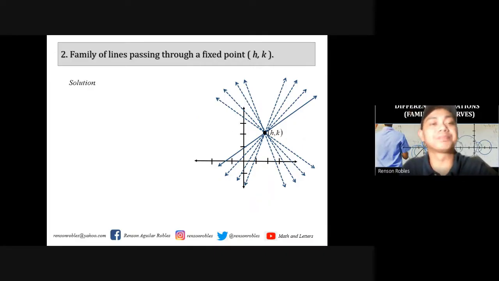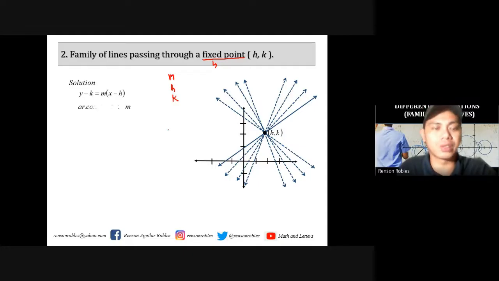So we have y minus k equals m times x minus h. And then you ask yourselves, we have here constants m, h, and k. Which among these constants are arbitrary? From the given problem, the lines are passing through a fixed point, which means h and k are fixed, so h and k are not arbitrary constants, meaning they are fixed constants.